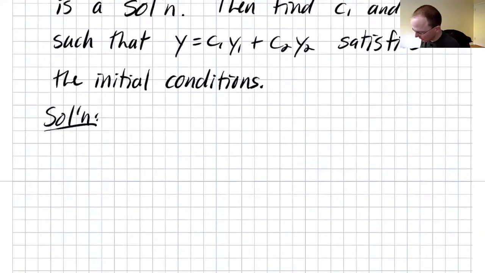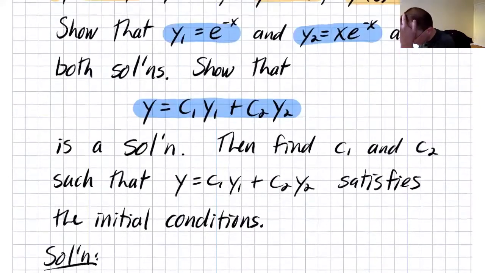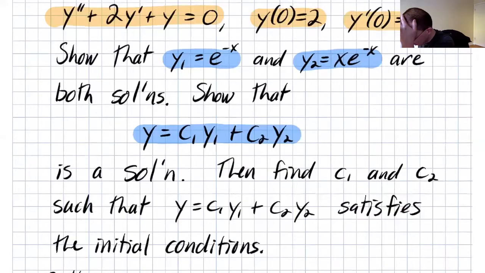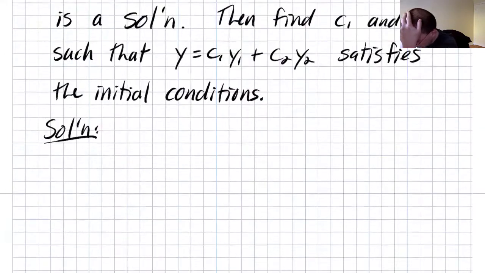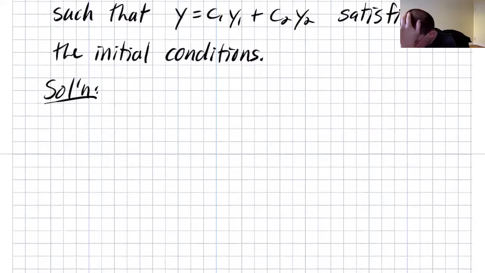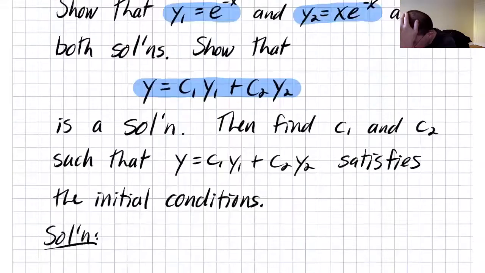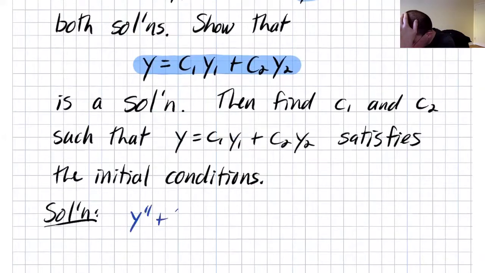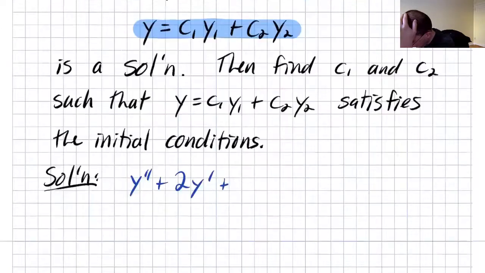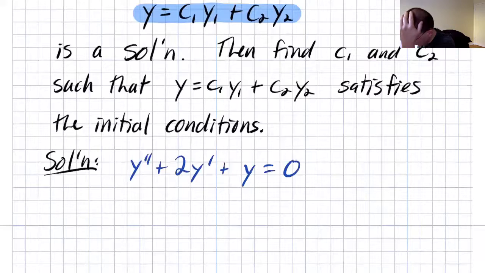So the first thing we want to do is show that y1 is a solution. Let me just write down the differential equation again: y double prime plus 2y prime plus y equals 0.